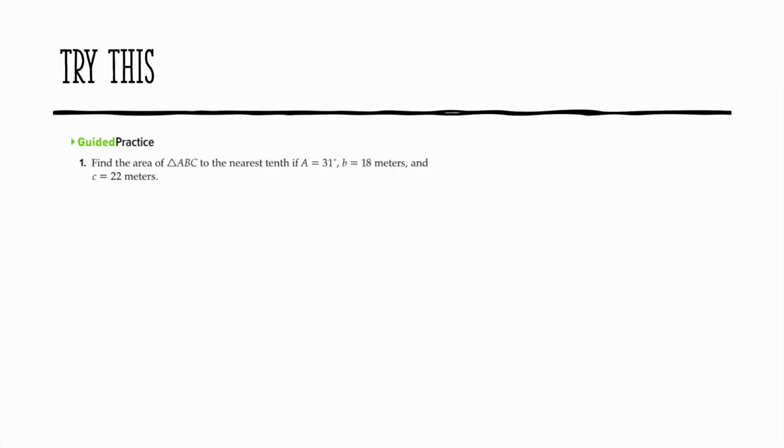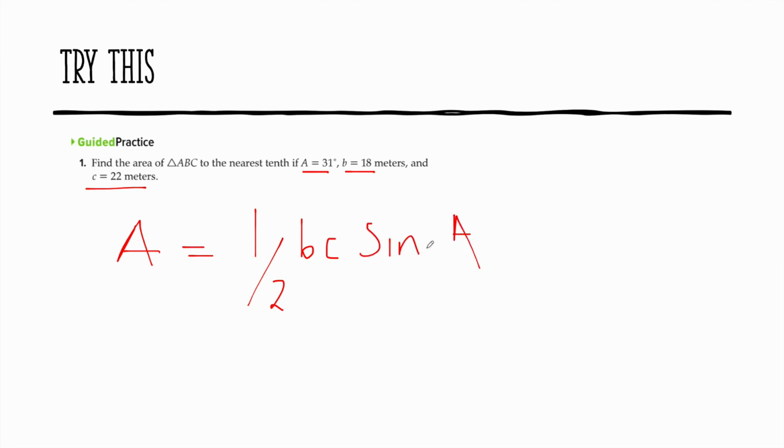Let's try another example. So here we have a triangle ABC. A is 31, B is 18, C is 22. Find the area. So we know we're looking for our area, which is given by 1 over 2, we have B, C as the sides, and then sine A, which is the angle that we have.